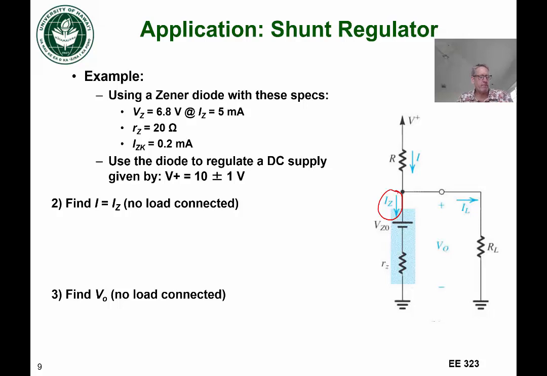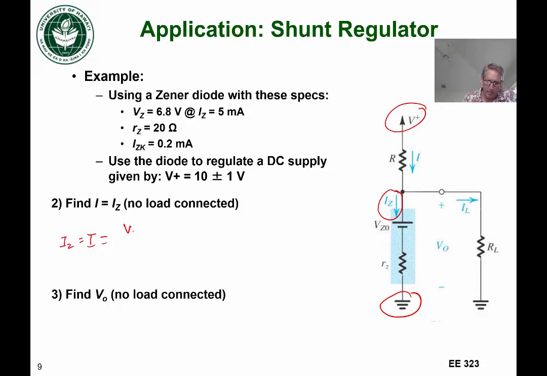So how would we do that? Well, we can write that IZ is equal to I, right? There's no load connected in this example so far, which is going to be equal to V plus minus ground, so that's just V plus, minus V0 divided by the total resistance. So it's the voltage drop divided by the resistance.